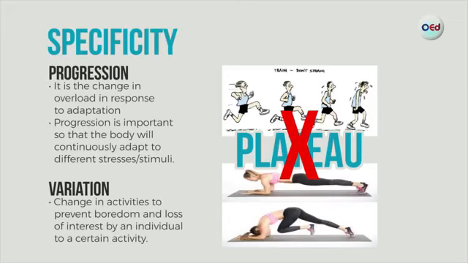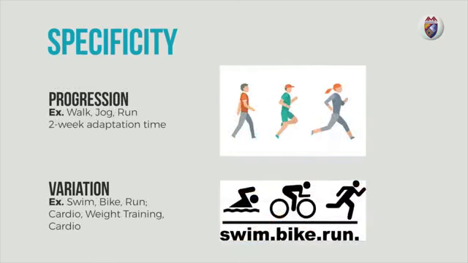Knowing what to do and when exactly to change it gives you the chance to be more successful in your training routine. In this next part of the lesson, I'll show you a brief example of what exactly progression and variation is. The best and simplest example I can give for variation is the sport of triathlon, with its transition from swimming, biking, and running.